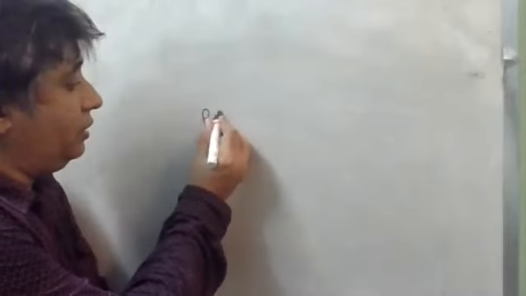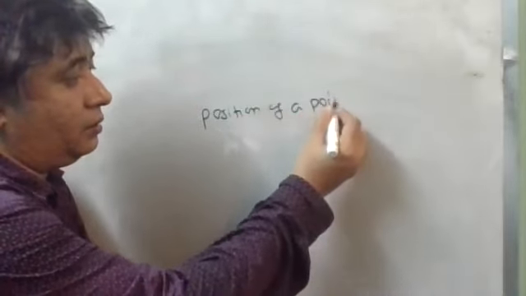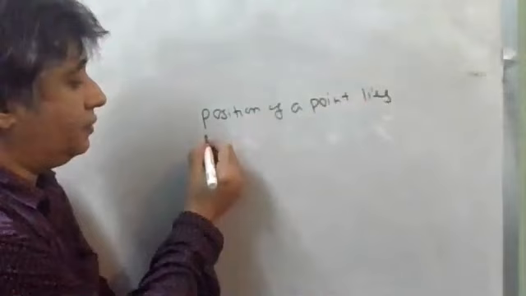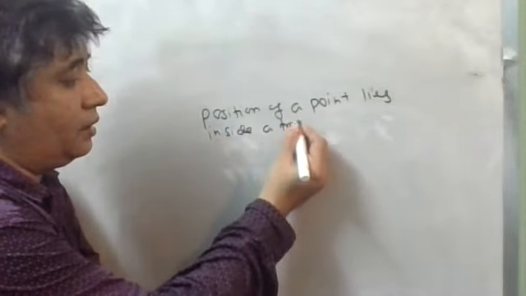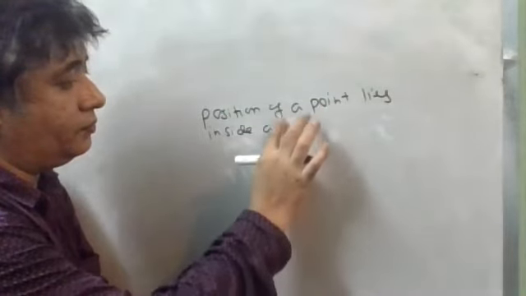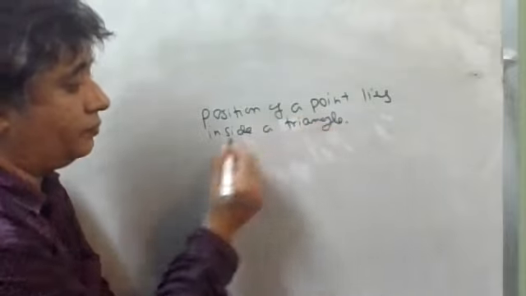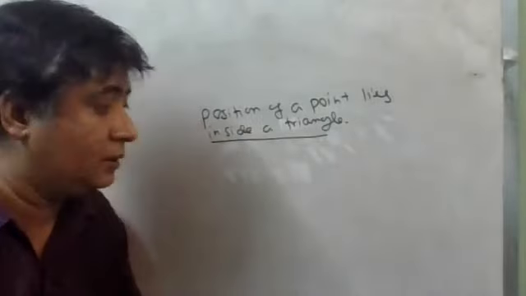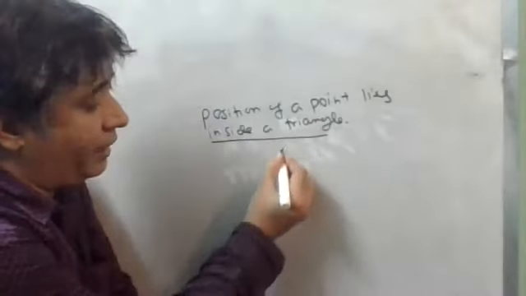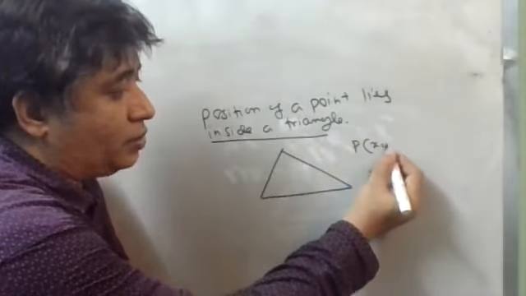Now, next topic is position of a point lying inside a triangle. See, one triangle is given and P is the point, P x1 y1.